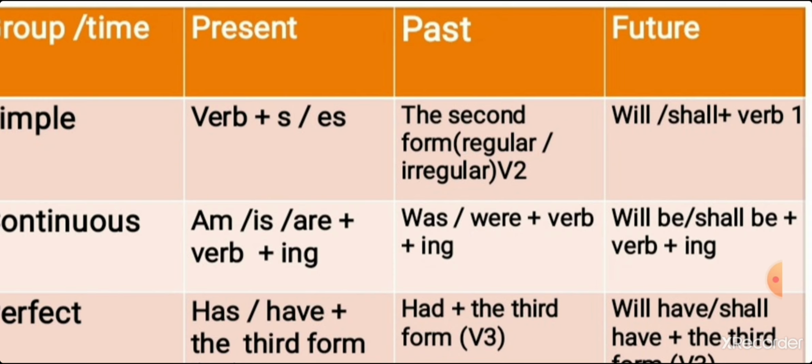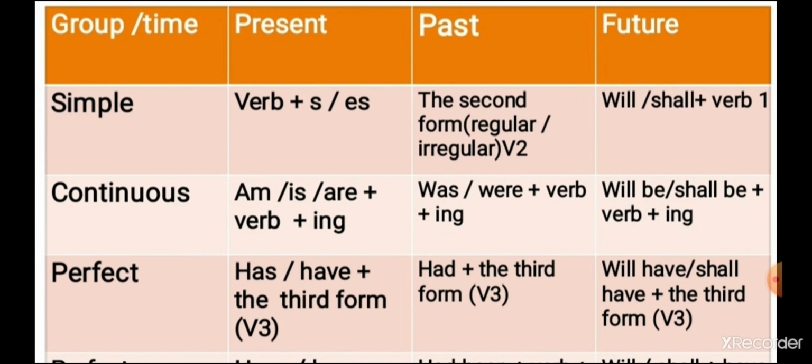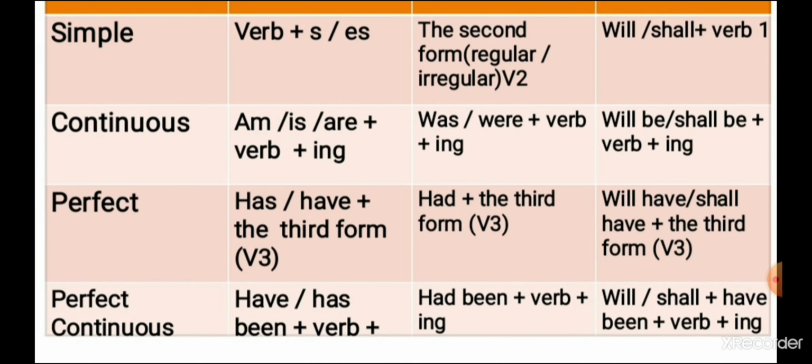Like this students, when we talk about future indefinite tense, we use will or shall plus the first form of the verb. Then to make it continuous, we use will be or shall be plus the first form plus ing. To make it perfect, we use will have plus third form or shall have plus third form.